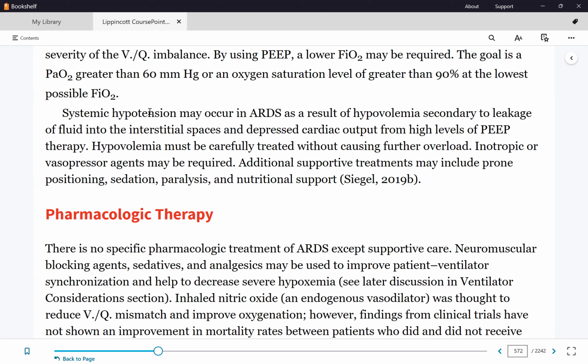You give maybe 50 ml per hour just to maintain enough blood volume to support perfusion, to maintain what's the mean arterial pressure goal again? 65, right? As long as we reach a mean arterial pressure of 65, we're happy with that. So just gentle hydration, not to overhydrate the patient because of the ARDS.